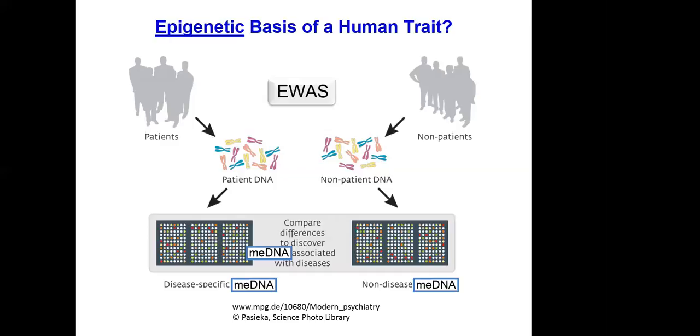So you're looking for DNA methylation differences between disease and control. Epigenomics started with DNA methylation, and other aspects of epigenomics are more recent. So we wanted to look at other aspects of the epigenome. So our version of EWAS is a bit different.